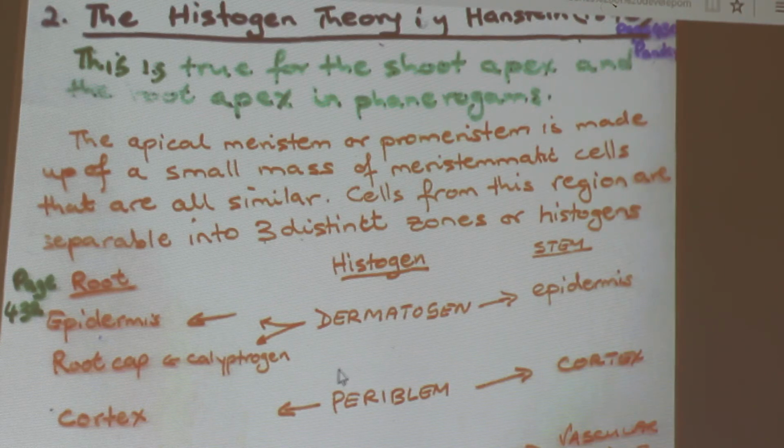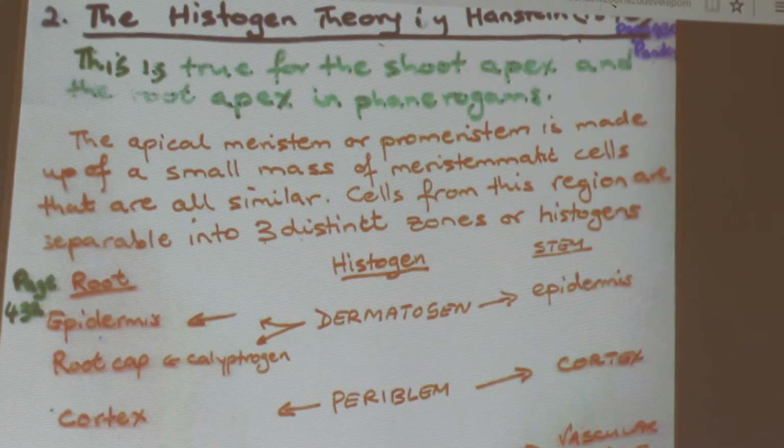And in the root, the dermatogen will give us the epidermis as well as the root cap or the calyptrogen. The rest are true, except please note, in the root, the vascular system is called the stele. In the stem, it is called the vascular bundles. Okay. The details of this are also given in your book here.